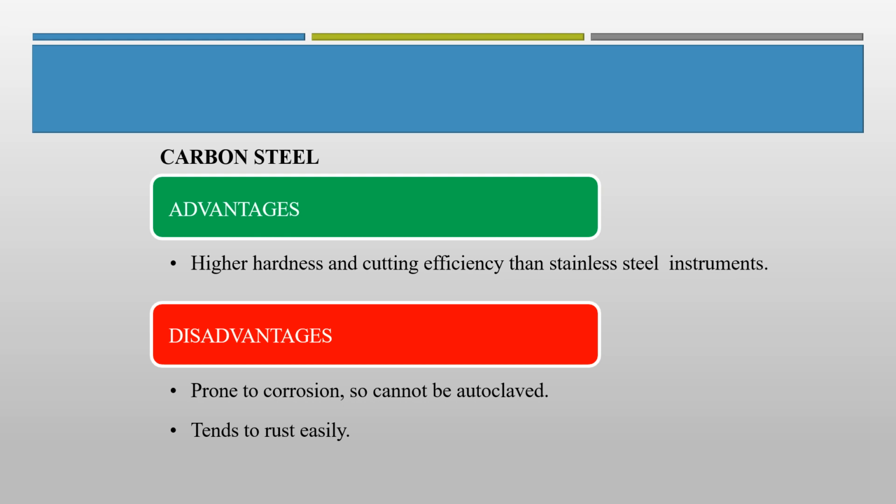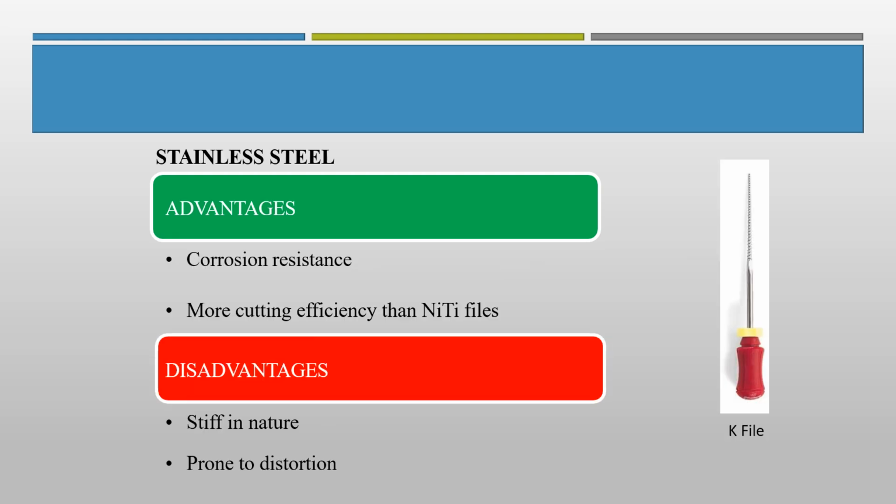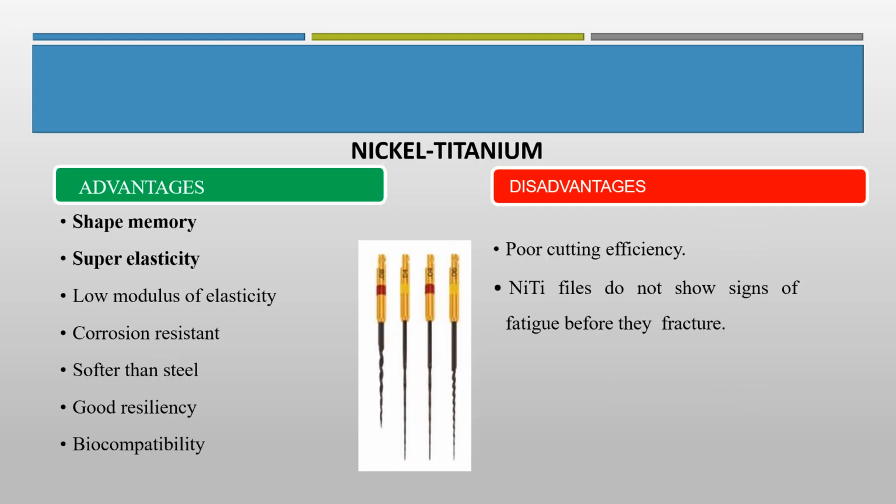Coming to the advantages of carbon steel, they have higher hardness and cutting efficiency than stainless steel. But the drawback is that they are prone to corrosion if they are autoclaved and they tend to rust very easily. Coming to stainless steel, these have an advantage of corrosion resistance and have higher cutting efficiency, but the drawback is that they are very stiff in nature and they are more prone to distortion.